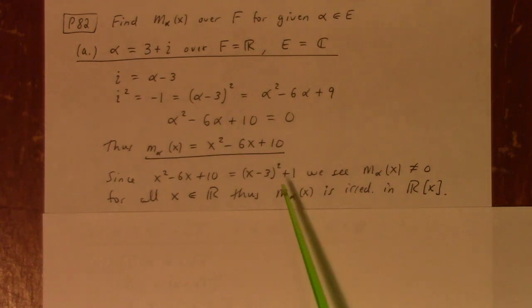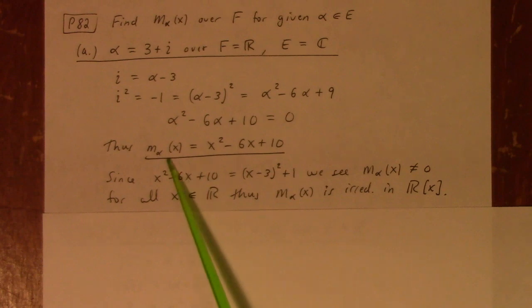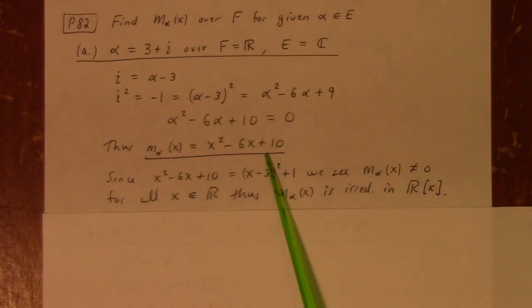Therefore, m alpha of x is irreducible, and as such, this is the minimal polynomial for alpha. Because remember, a minimal polynomial for a number over a field is the monic polynomial, meaning leading coefficient 1, of least degree, which takes the number as its 0.